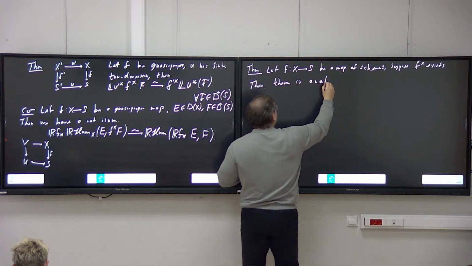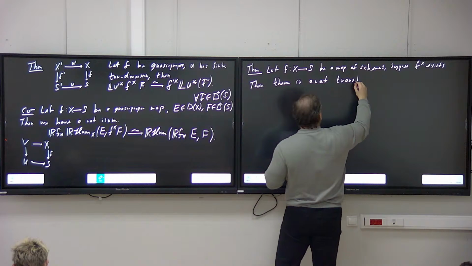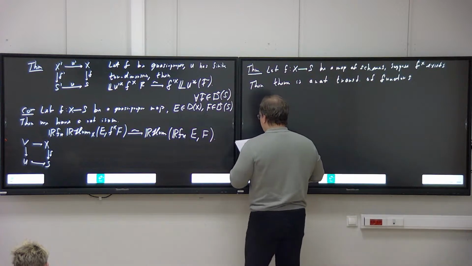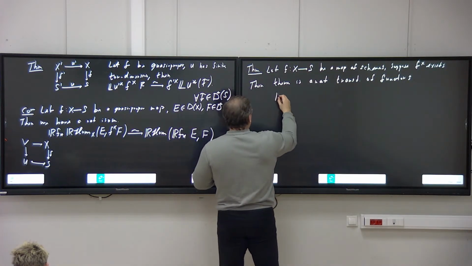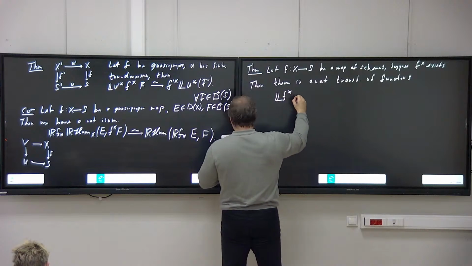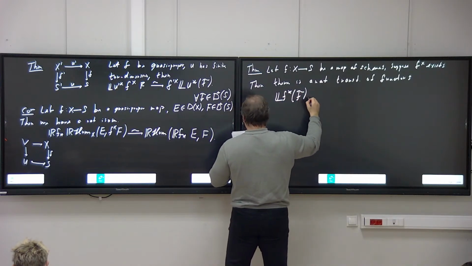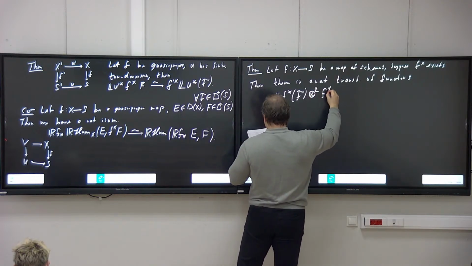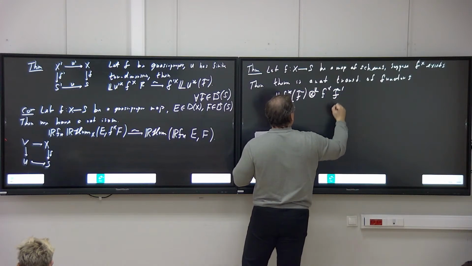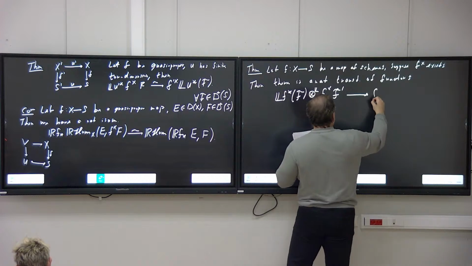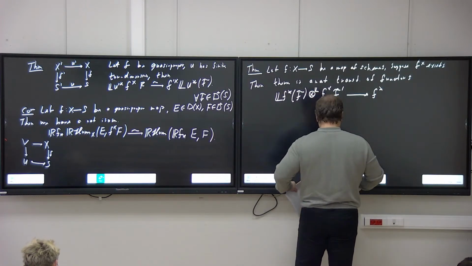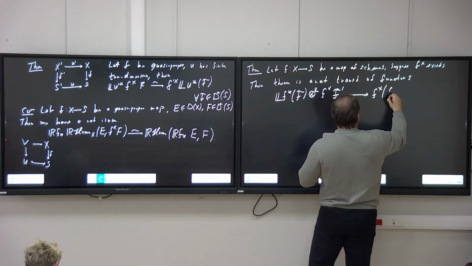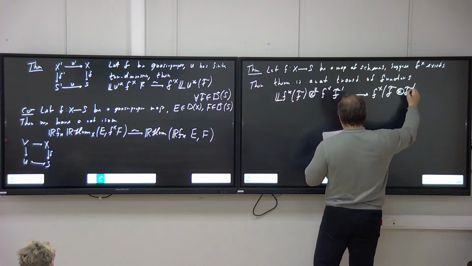there is a natural transformation of functors where you take the pullback along the f of some F, take a derived tensor product with the f cross applied to the F prime. There is a map here to the f cross applied to the derived tensor product of the F and F prime.